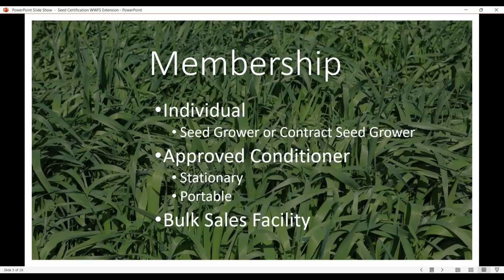We also have a bulk retail sales facility category, and this is for a lot of the Integra wheat growers, places that have bin sites that don't want to deal with producing and cleaning the seed. They just want to purchase it clean and be able to sell it to their clientele.